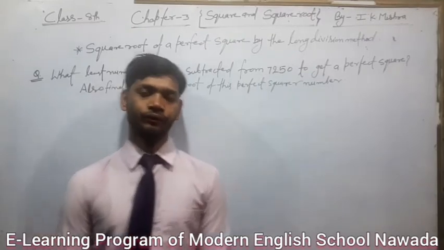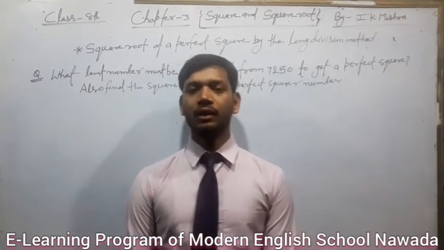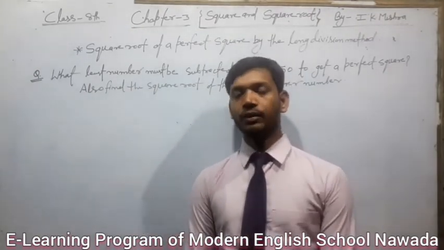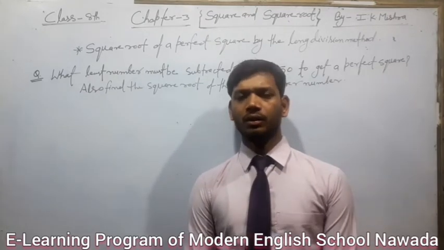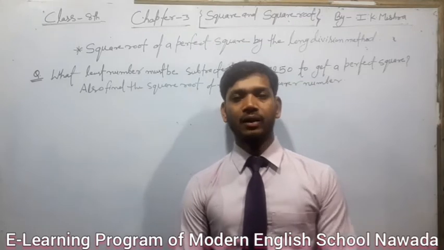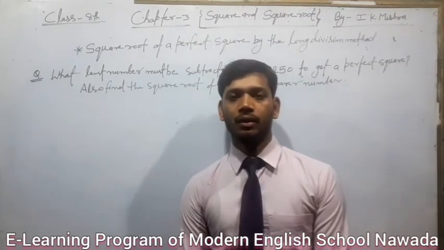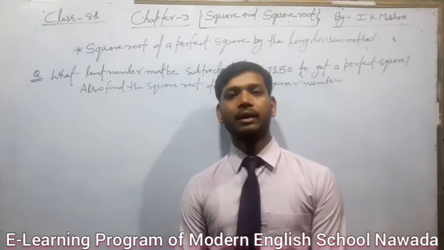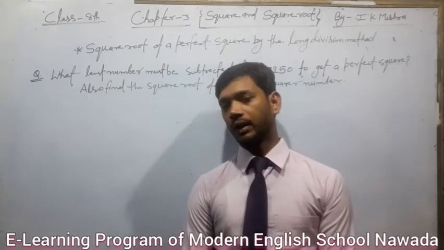Students, after understanding these problems, here is another question. Find the least number to be subtracted from a number to get a perfect square.